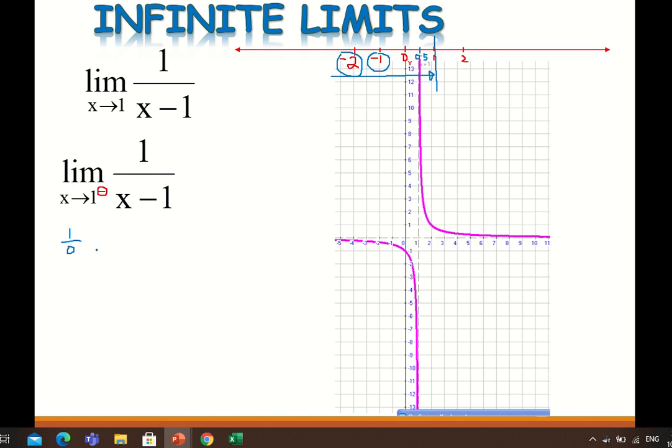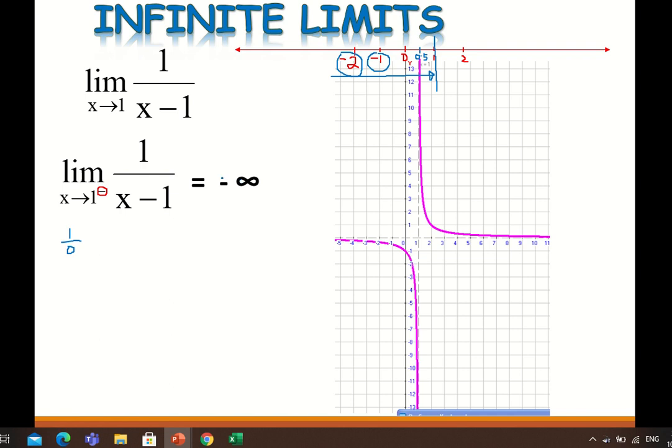For example, if you have 1 divided by 0.001, the result is a very huge number, so we can call that infinity. It tends towards infinity. So that's why we have here infinity.